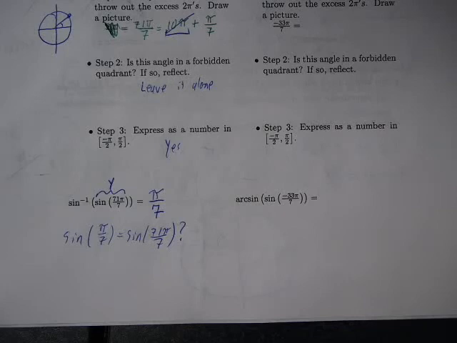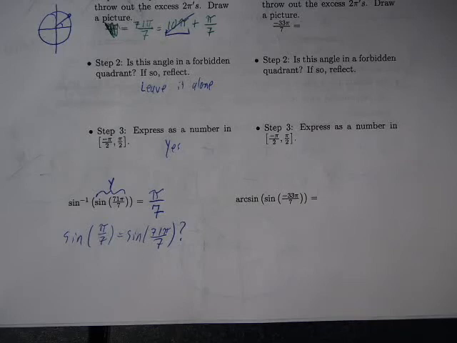I see some people nodding. Why should those two be the same? They have the same reference angle. Those two angles differ by a bunch of extra 2 pi's, which don't change sine.